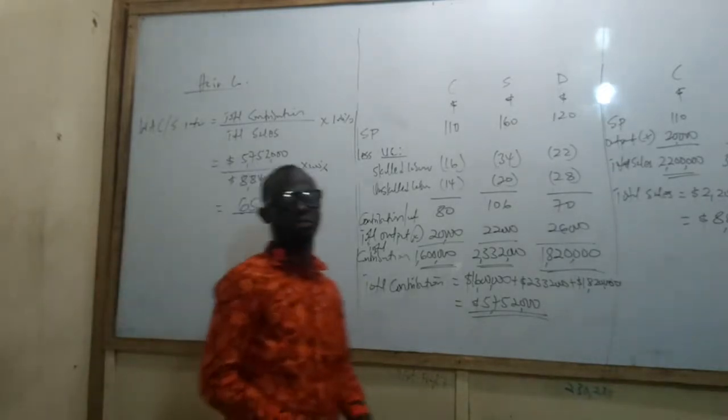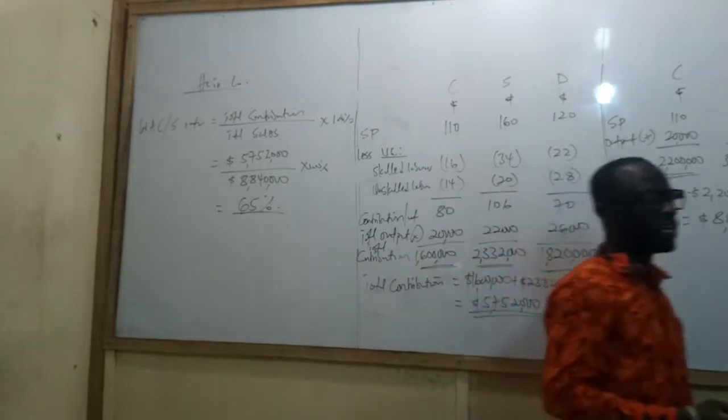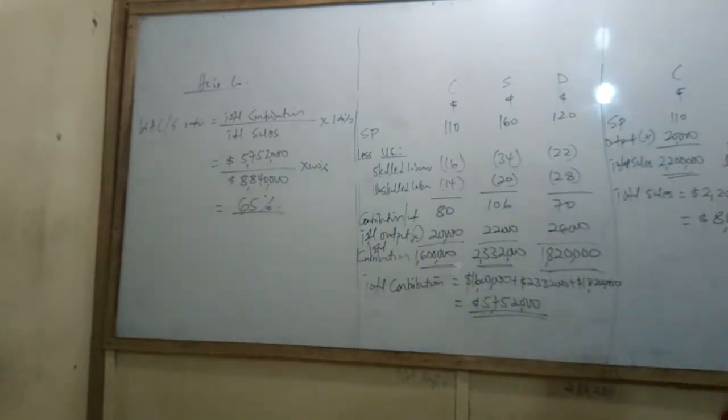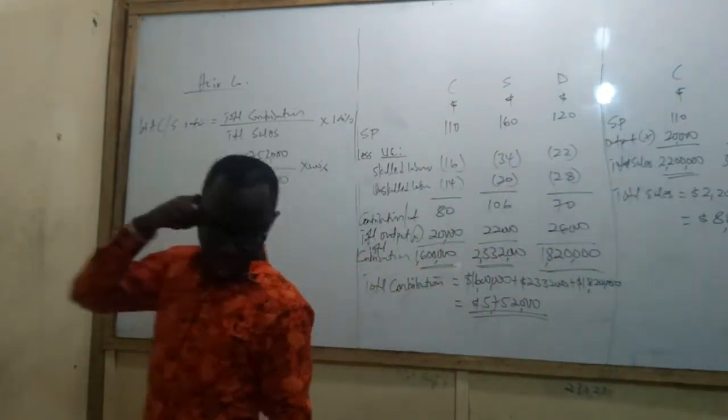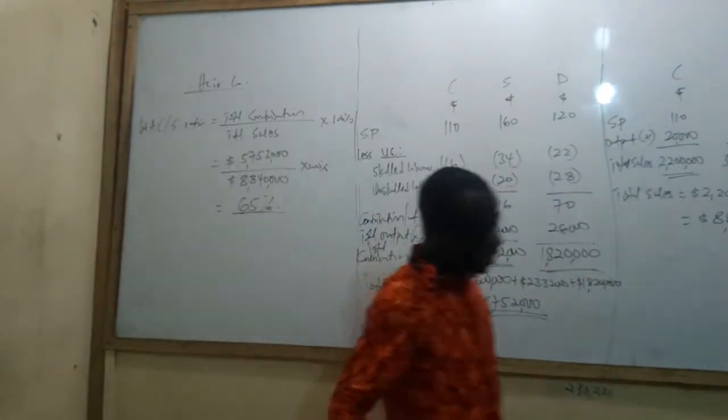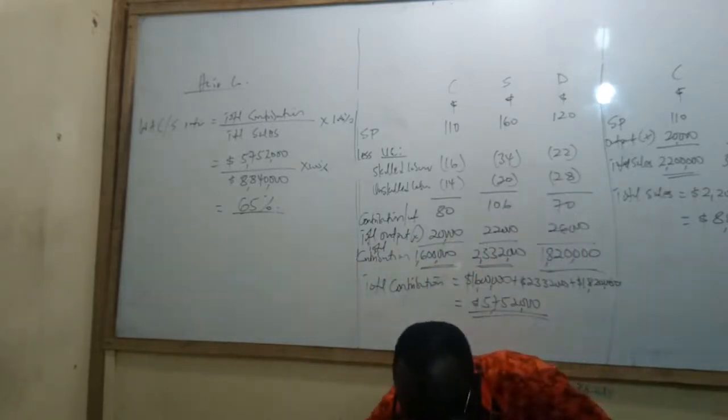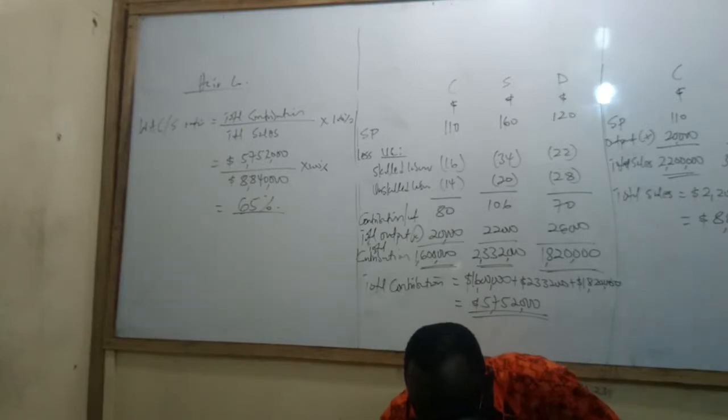That is the A aspect of the question: weighted average contribution to sales ratio. Here you are not calculating for an individual product, but for all the products.